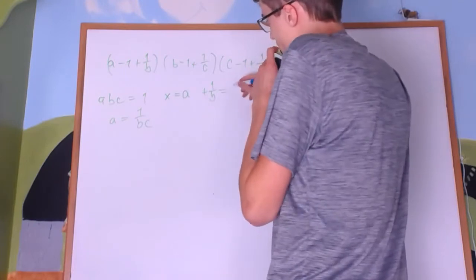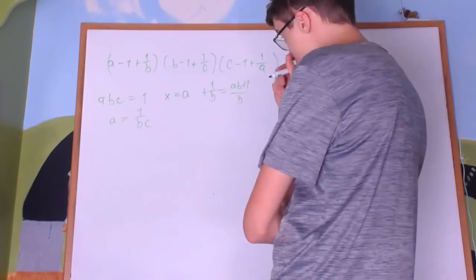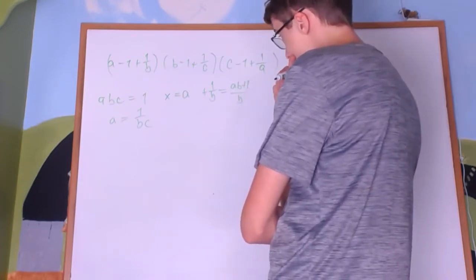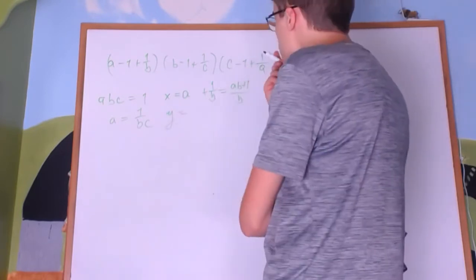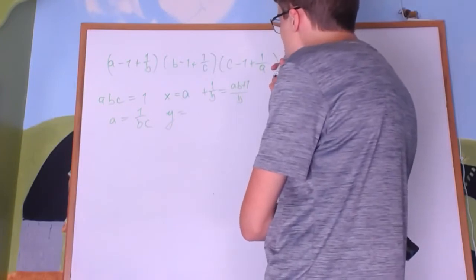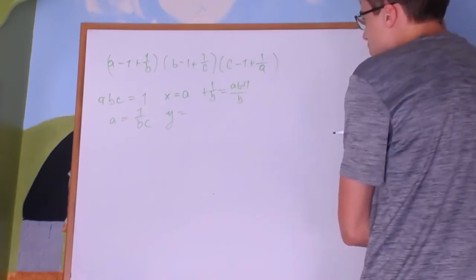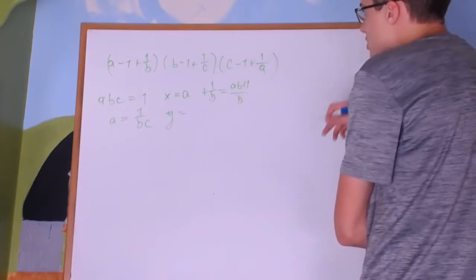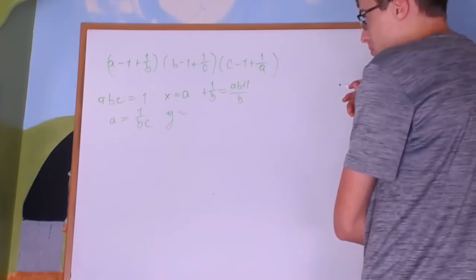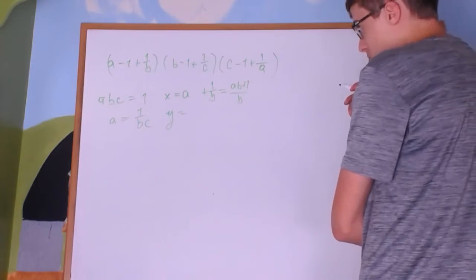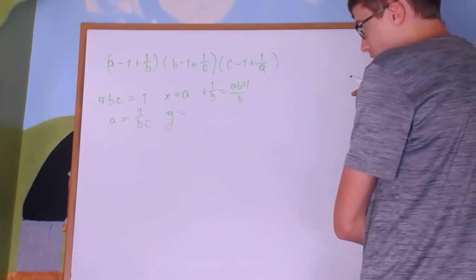That would be AB plus 1 over B. Y is... Let's see how that would help. Introduce three variables substitution to make this whole thing easier. But I don't think it would help to make it just an easy substitution. And those aren't very easy to work with in themselves.